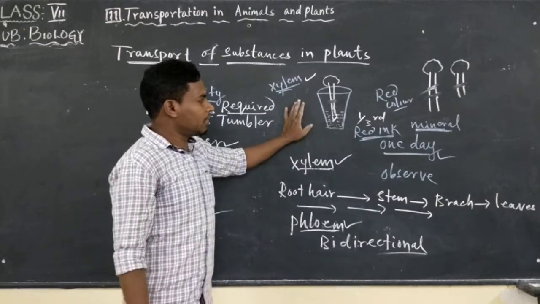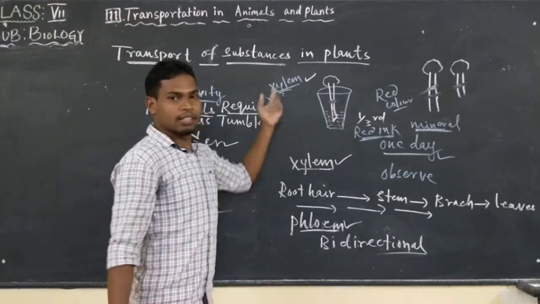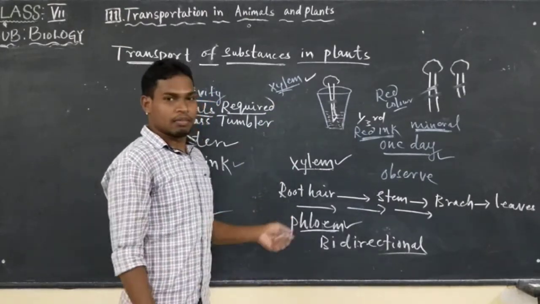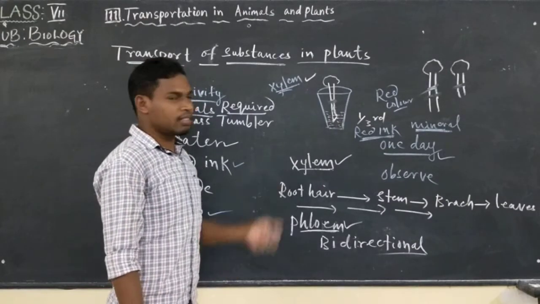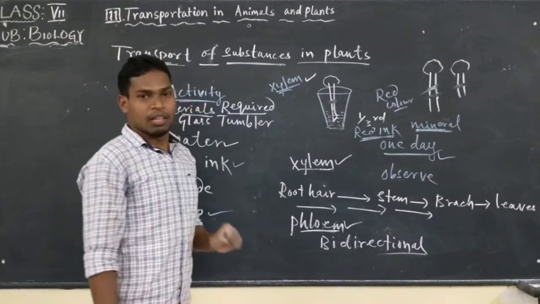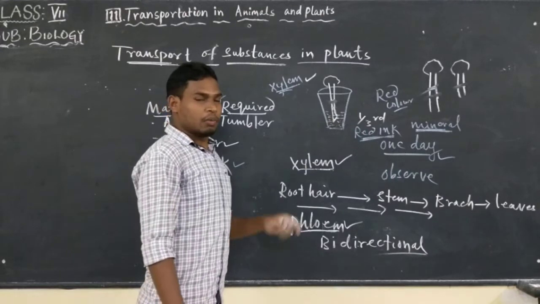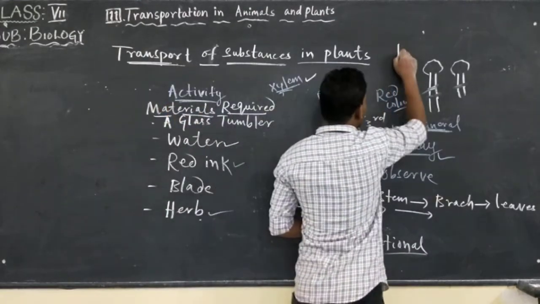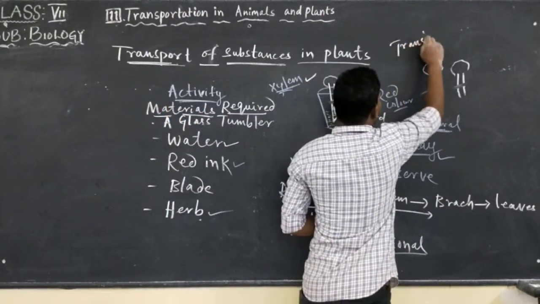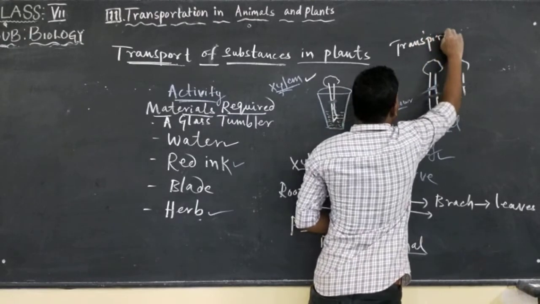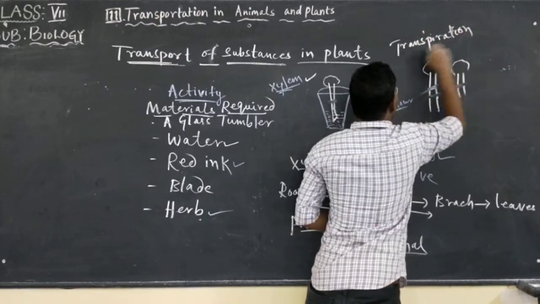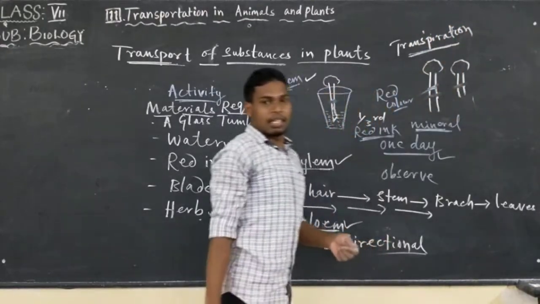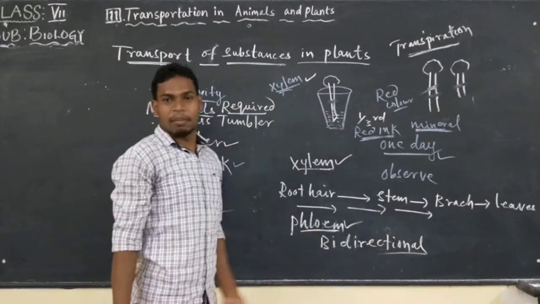So you might be wondering how tall trees take water from the ground. In 6th class we have studied that there is a process known as transpiration. In transpiration, stomata play a vital role.